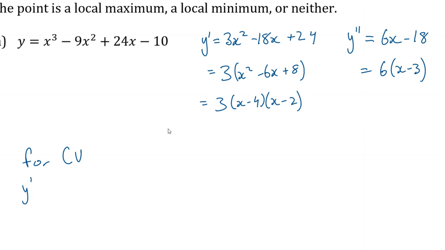Well, the first derivative exists for all x. y prime equals 0 when x is 2 and 4. That's all stuff we've already done. I mean, taking the second derivative we haven't done, but it's no different than just taking a derivative of an expression. So far, hopefully, so good.